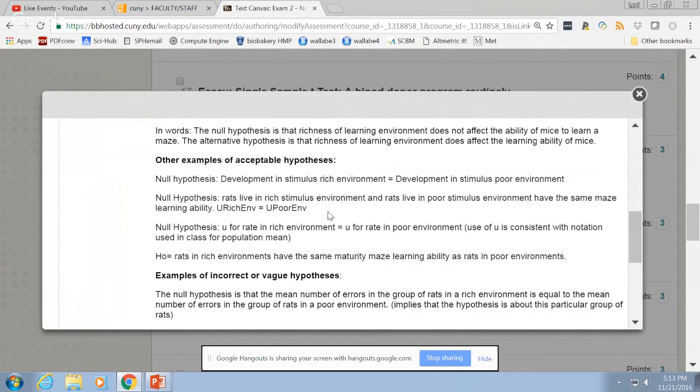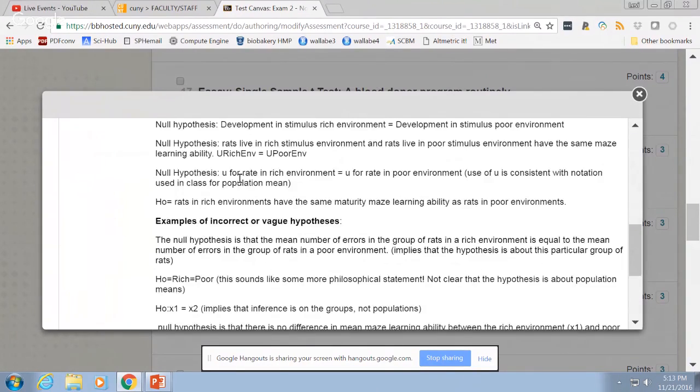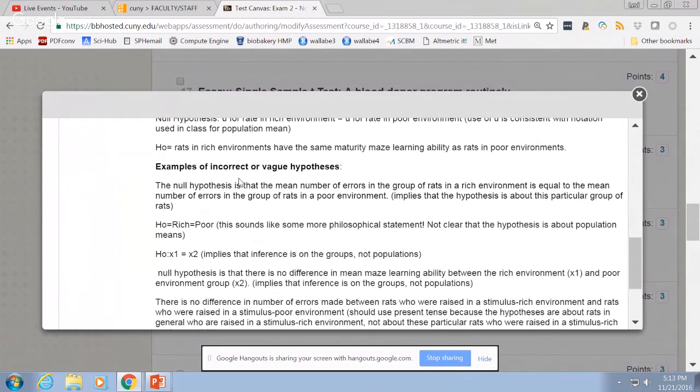So you can see in here I give some examples of acceptable hypotheses that were actual answers that some of you gave, and some of the ones that were either incorrect or vague. Let me read a few of these. The null hypothesis is that the mean number of errors in the group of rats in the rich environment is equal to the mean number of errors in the group that is in a poor environment.